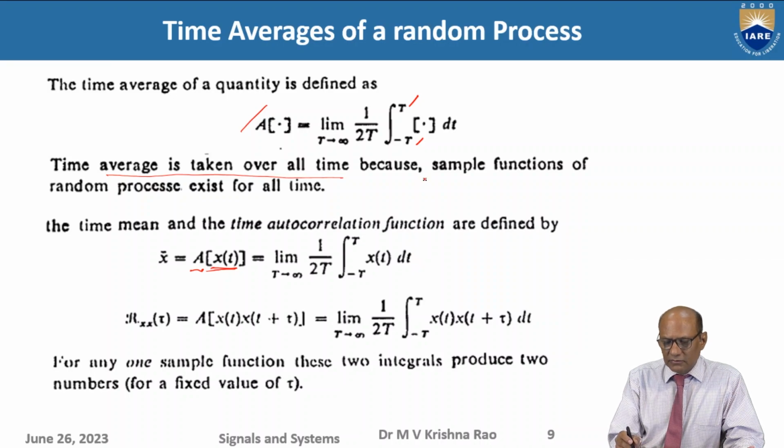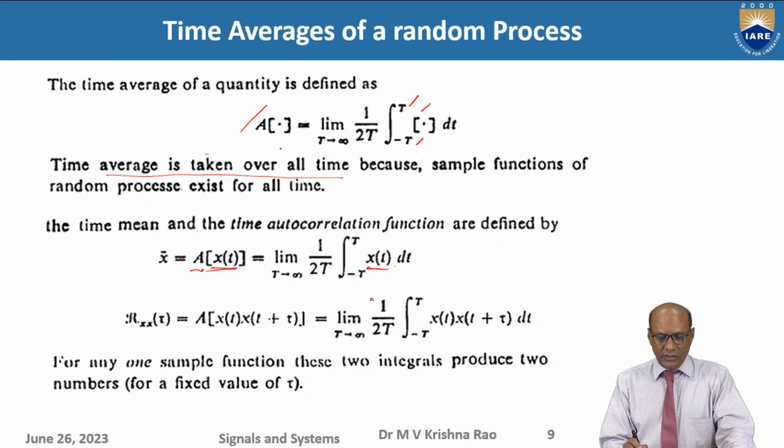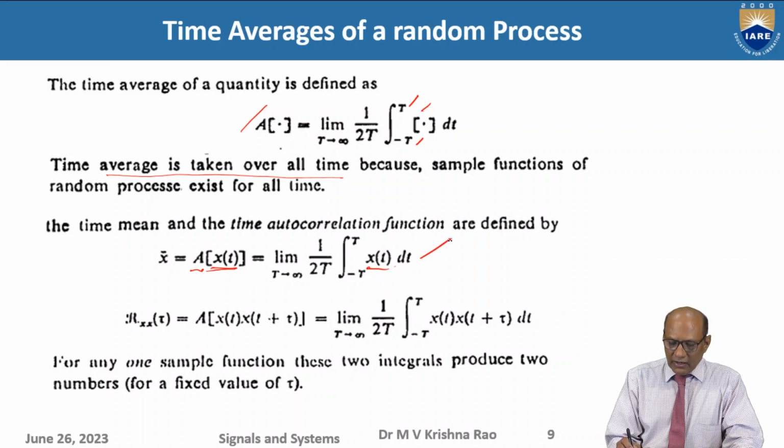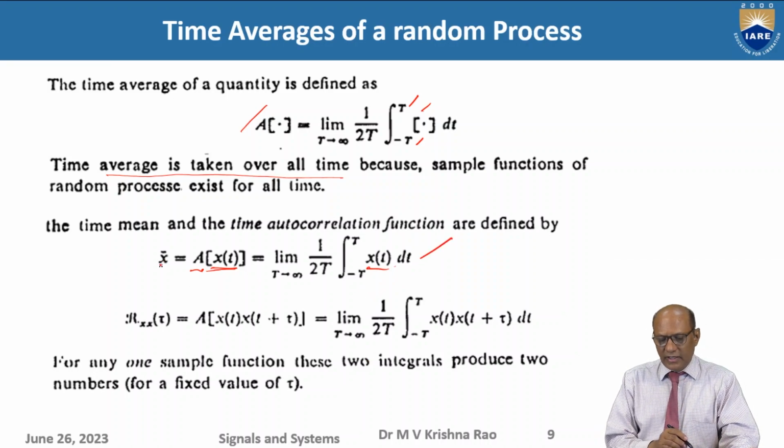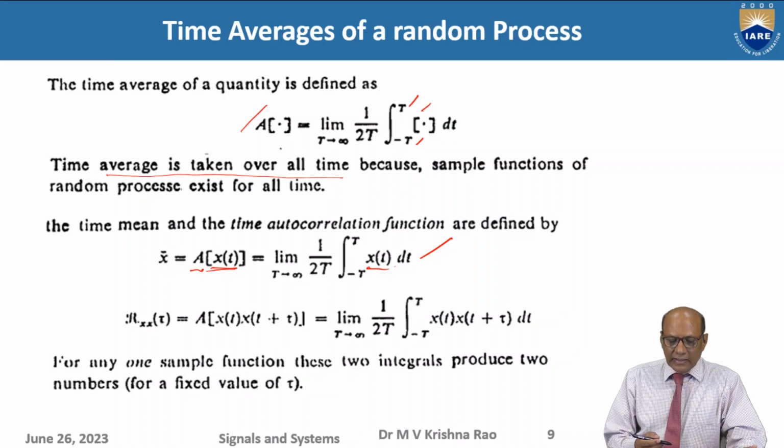In general this operator we are defining for any function; the inside argument can be anything, that's why the dot means anything. And here specifically we use x of t. In this way I have small x bar here.